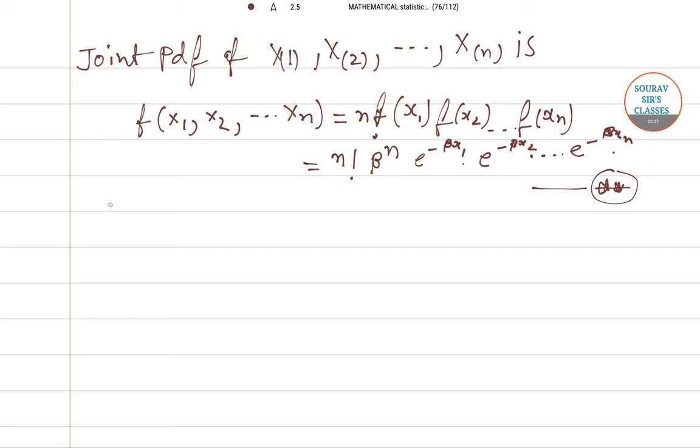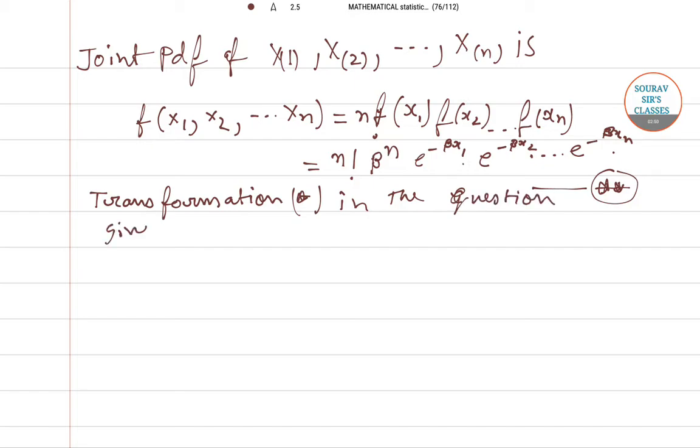Now we have to transform this equation as the question gives.